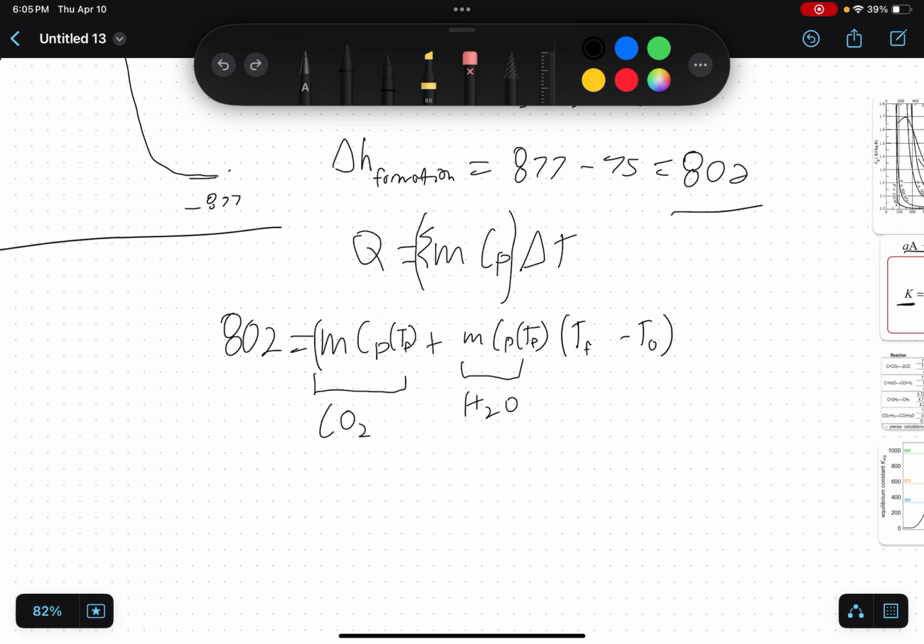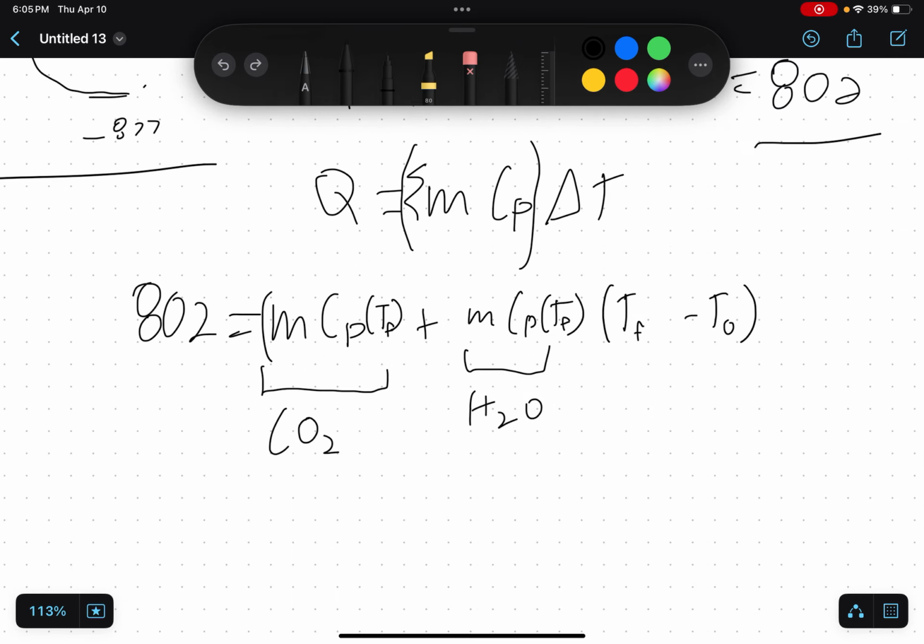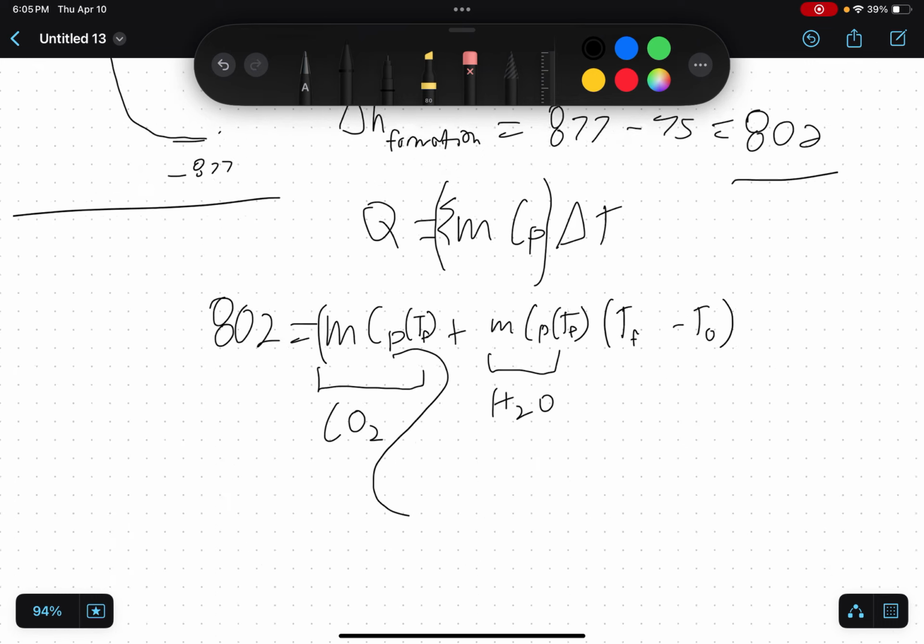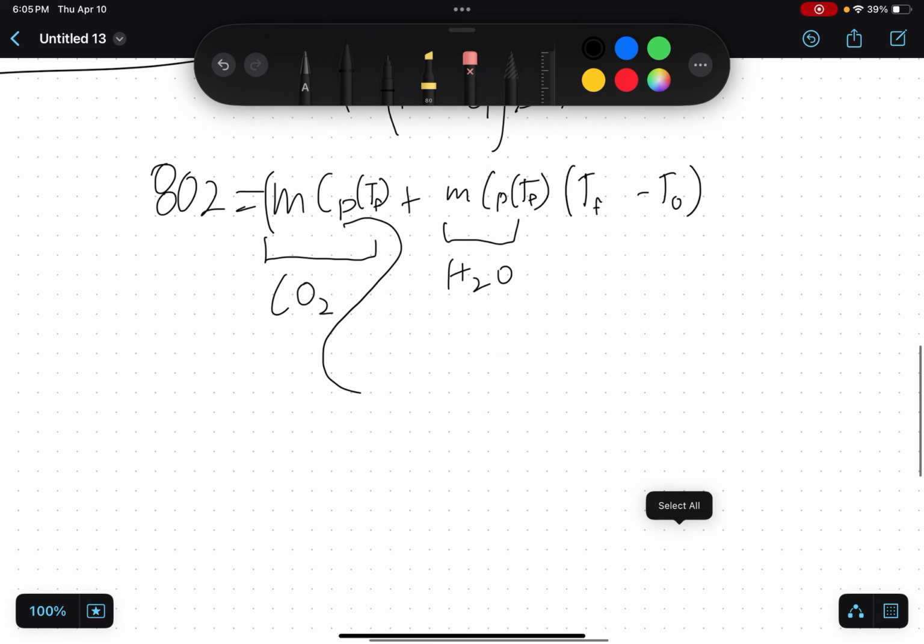And there are programs. I used EES. You can also use, well, EES is probably the best one. You can write this as Cp of CO2, pressure equals some initial pressure. If it's in an engine, like a cylinder engine, you could assume it's the pressure right before, because the instant after it combusts, you can assume it's the same pressure as the instant right before it combusts.